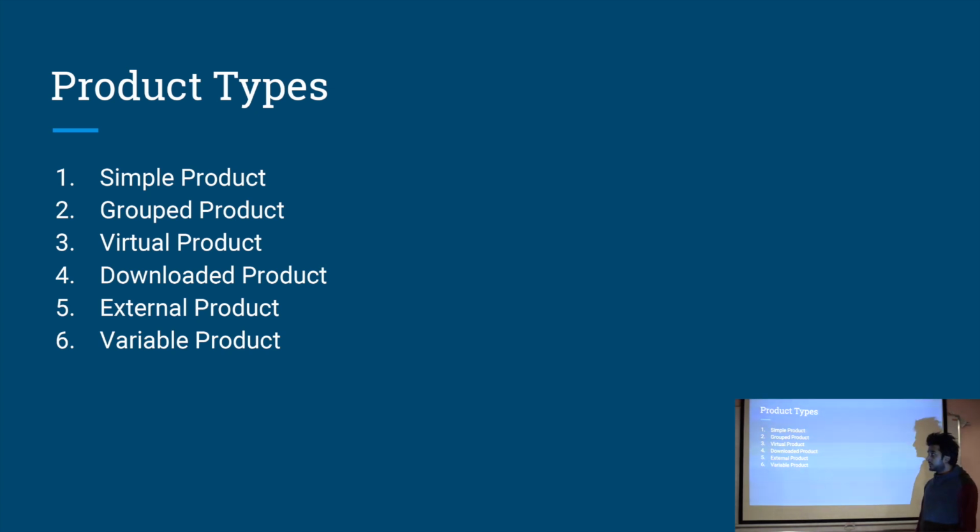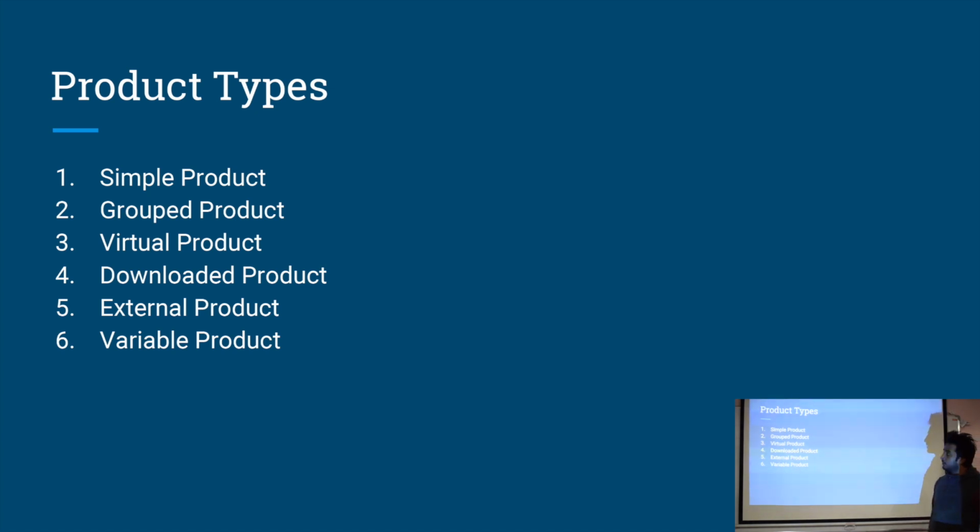A simple product is one of the easiest WooCommerce product types, where we can give a single product a unique ID, update the SKU, and set its price.